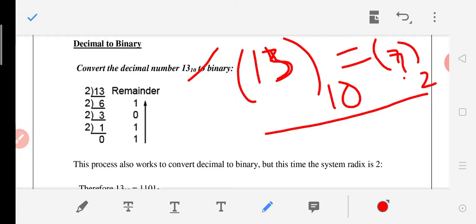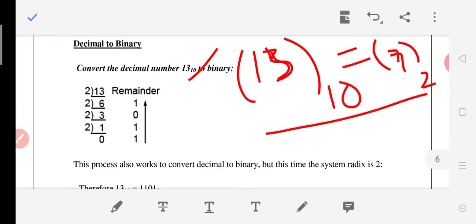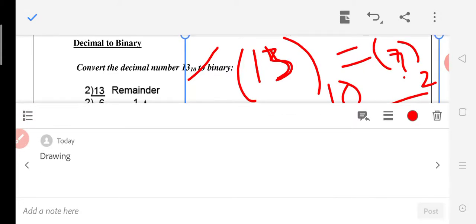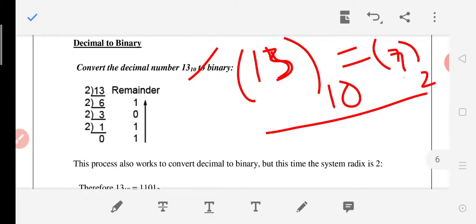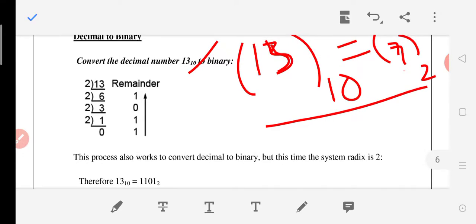So the suffix indicates the number system. Here our question is: what is the binary equivalent of decimal 13? Let us try to find it.